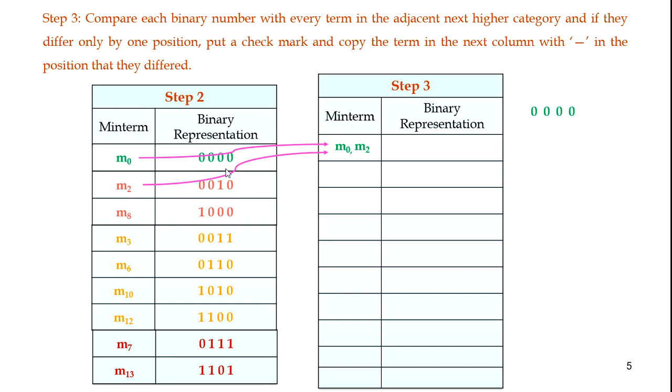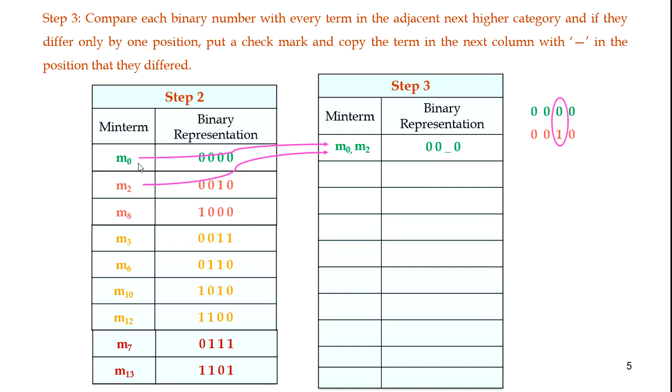For M0 it is 0000, and for M2 it is 0010. If you see here, we have only 1 bit variation. For this particular bit location we put a hyphen. The other 3 locations are the same, so we mention them as they are. So it is represented as 00-0 in this column.